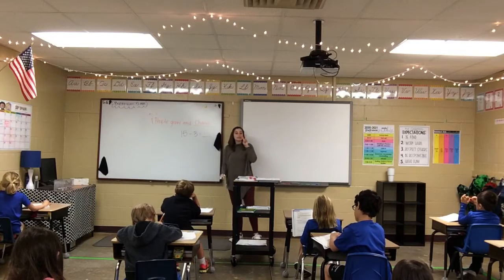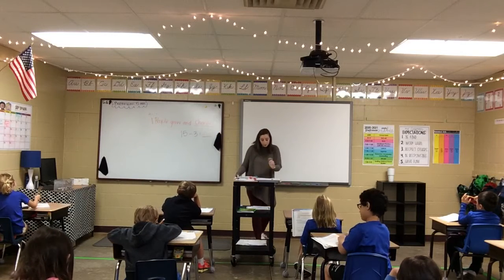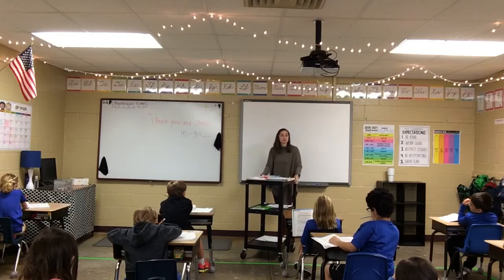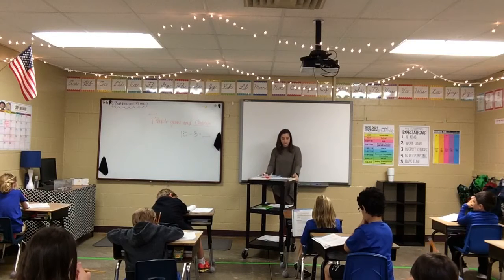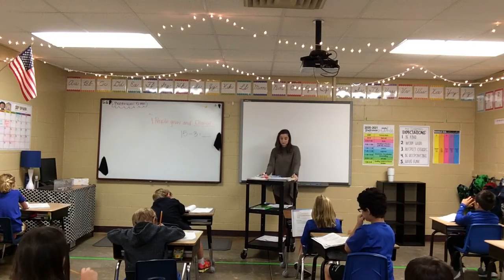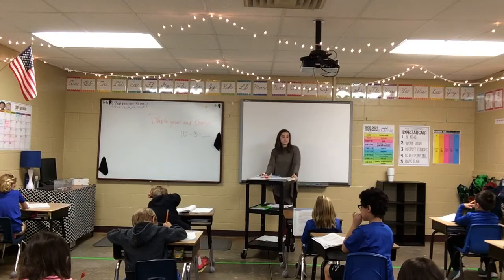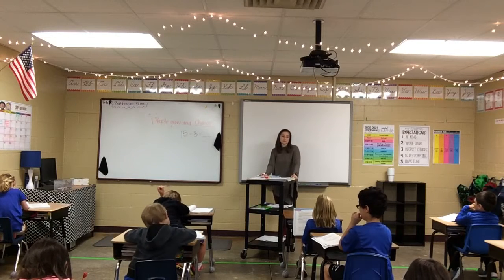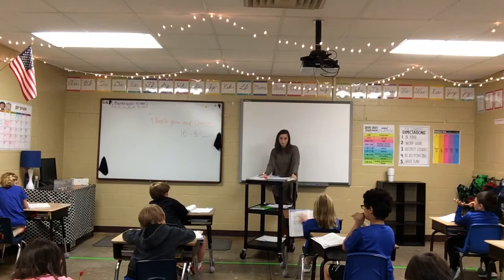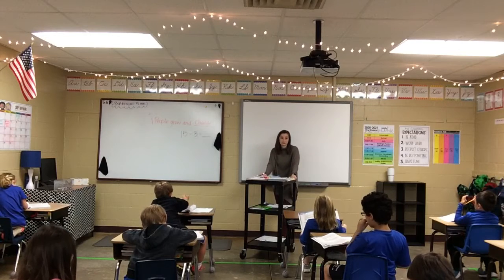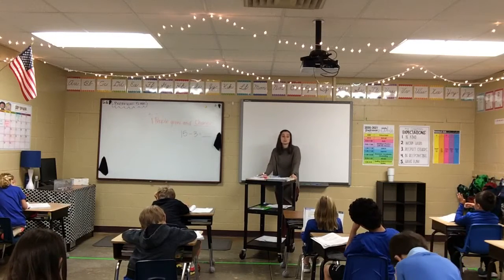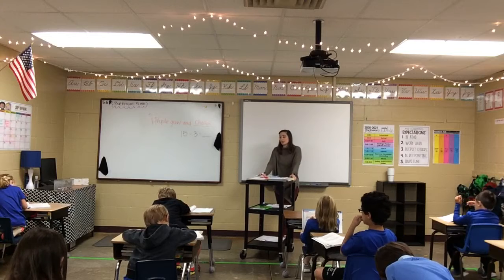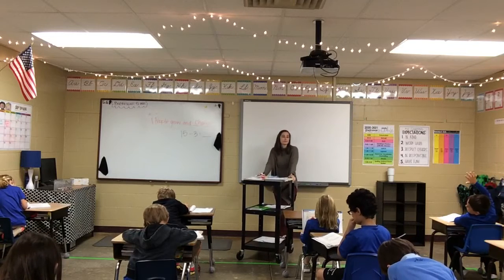Now, 2 ways we can solve it. What's one way? Brock? By crossing out the 3 pink flowers and 3 of the yellow sunflowers and see how many flowers we have left. Perfect. Or what's the other way we can do it?